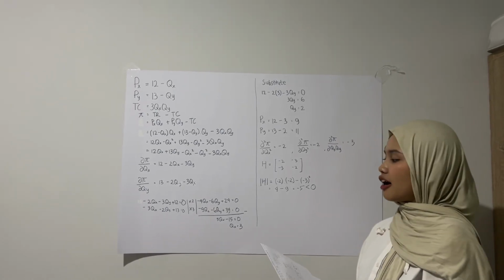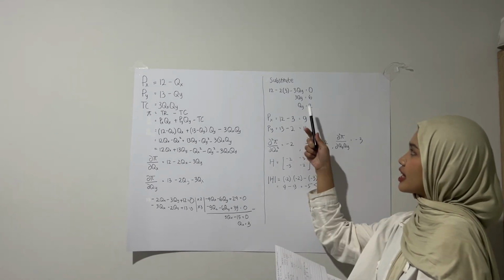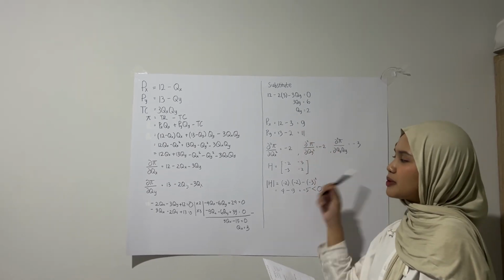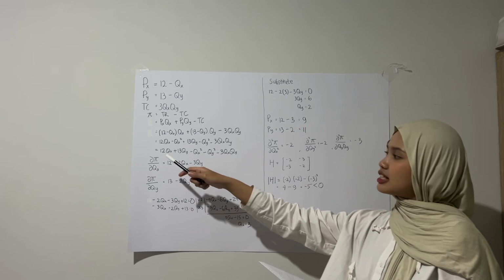Final steps. After we get Kx equal 3 and Ky equal 2, we should substitute the Kx and Ky into these functions.